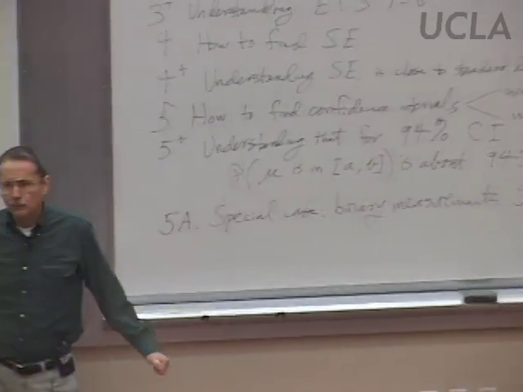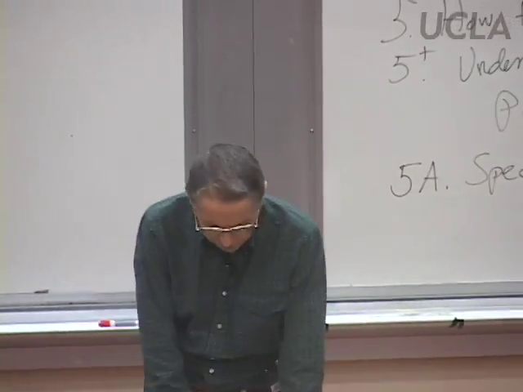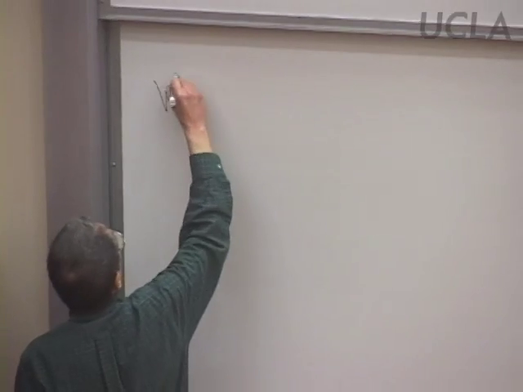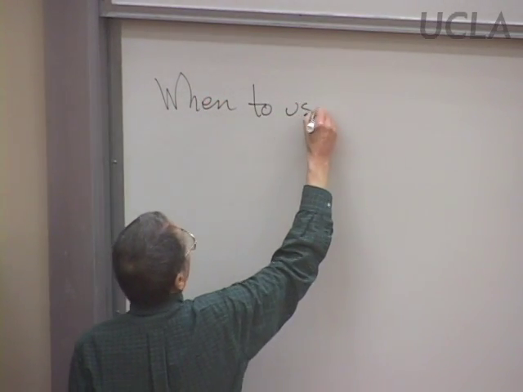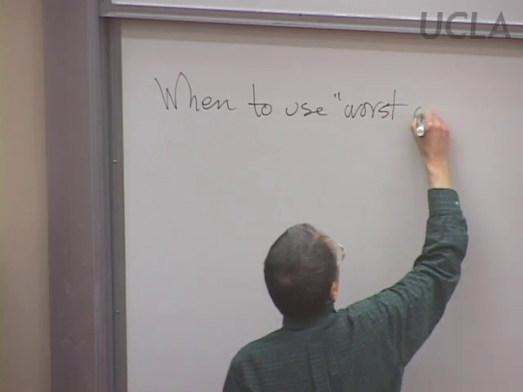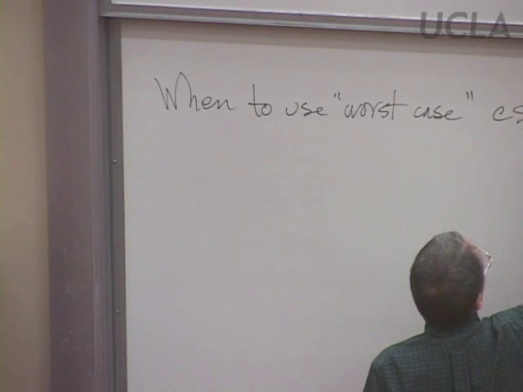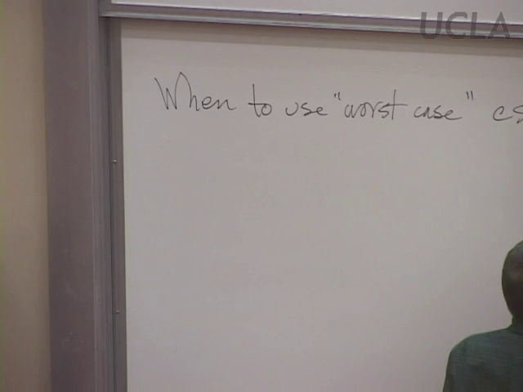When should we use that worst case estimate for, I should write some of this down. We've sometimes said things like, well, we don't know what the standard deviation sigma really is. There's situations in which we have said, at worst, it's going to be a half. What situations?